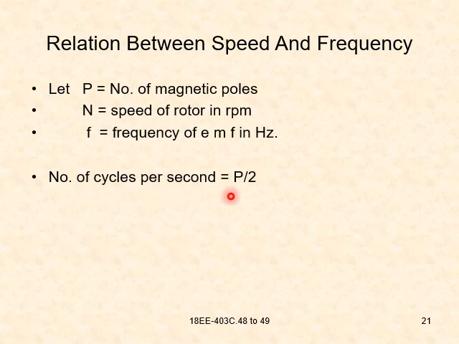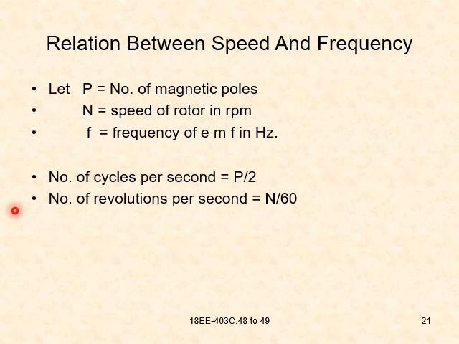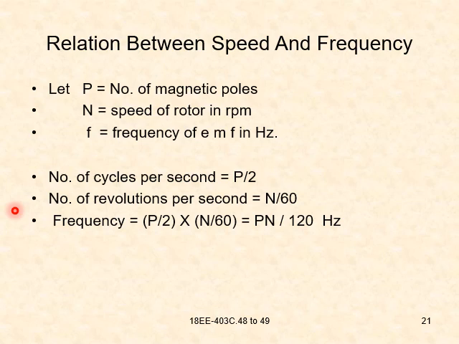Now, the number of cycles per second is equal to P by 2, and the number of revolutions per second is equal to N by 60. The frequency is equal to P by 2 into N by 60, which gives PN by 120 hertz.